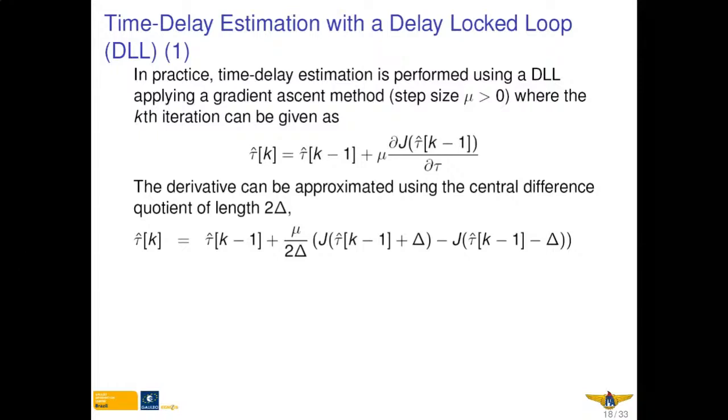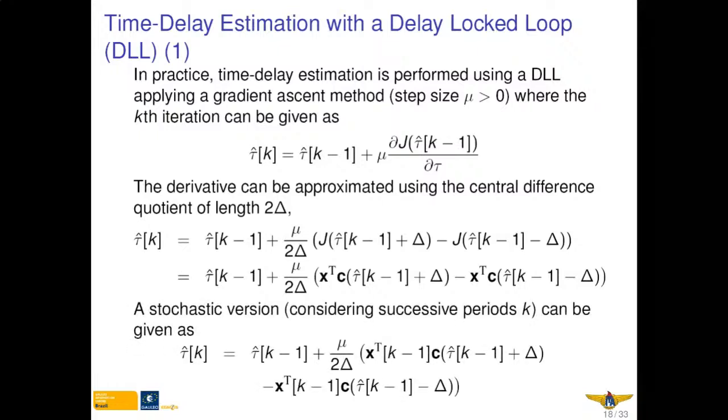We evaluate two values of this cost function and divide by 2 delta, and with this we can approximate the derivative of the cost function. We can now plug in from the maximum likelihood estimator the cost function, which is the cross correlation. If the signal is matched to our replica signal, so the transmitted signal has exactly the same characteristics as our replica, this is even equivalent to the autocorrelation function.